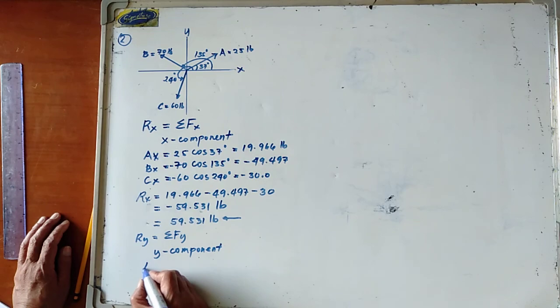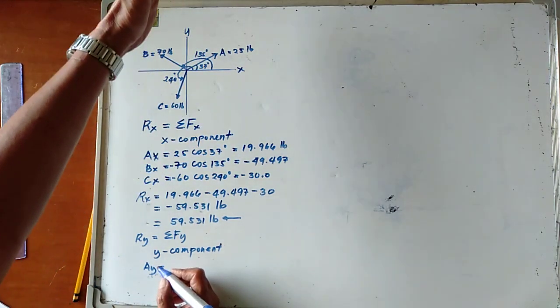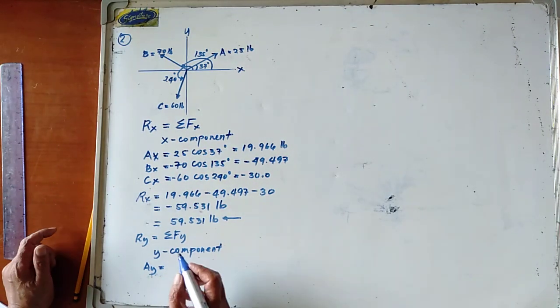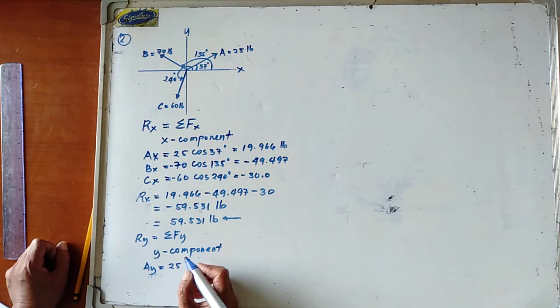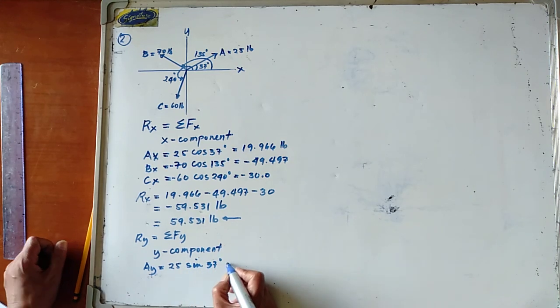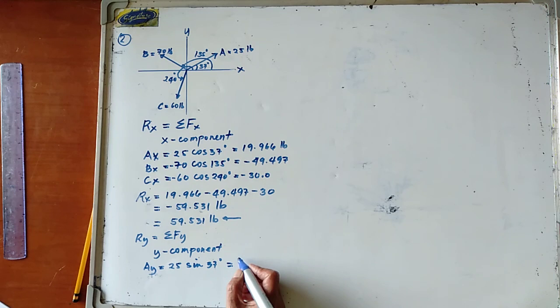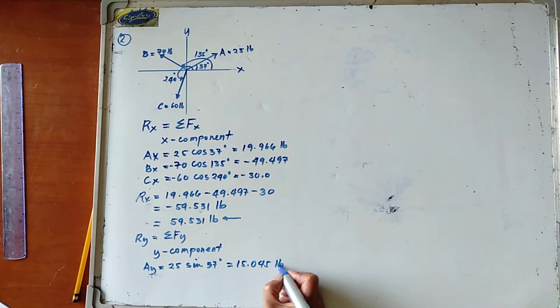Ay is going upward, so Ay is equal to 25 sine of 37 degrees, which is equal to 15.045 pounds.